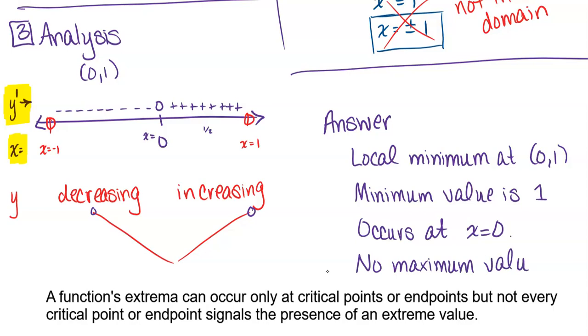So we're kind of talking about local minimums and local maximums and absolute minimums and absolute maximums all at the same time here. You just need to pay attention to how the question is phrased to know which piece of that you really need as the answer to your question each time.